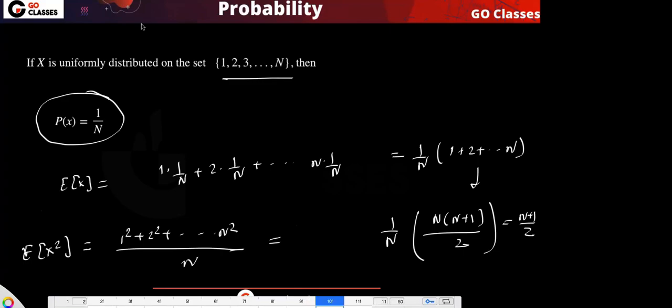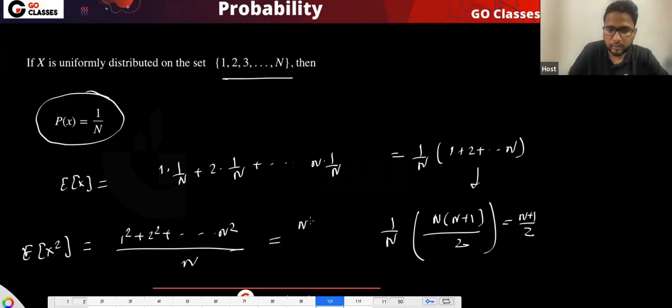Can anyone recall quickly? If you sum till n square, then what will be the answer? Okay, Roshan is saying n into n plus 1 into n plus 2 by 6.